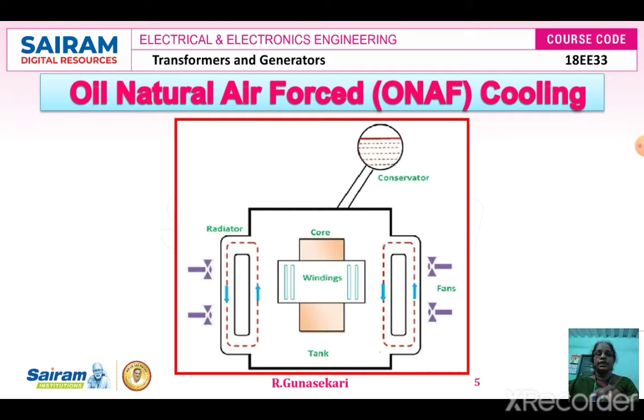That is, the forced air is passed to the transformer with the help of high velocity fans only. In the radiator also, you can see the direction of the flow of oil and air.